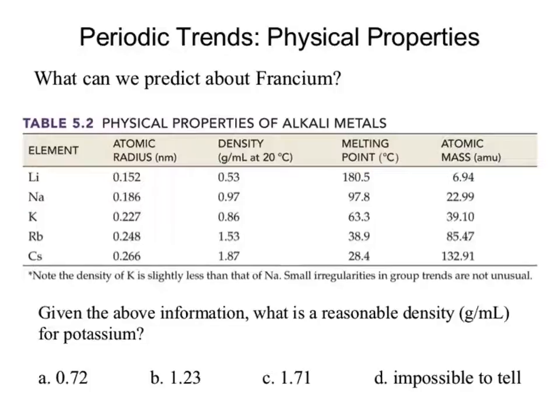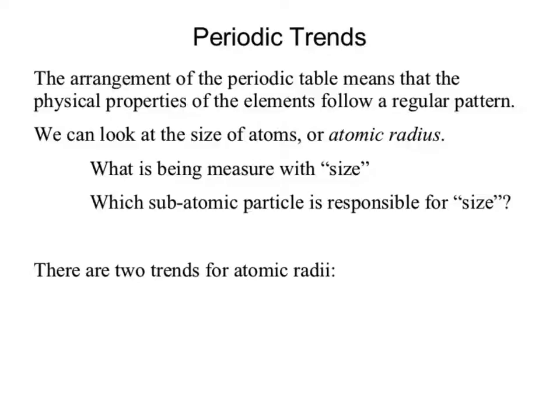Make sense? Okay. So, the trends. There are two trends for atomic radii, and I was told that you know these trends. So, do you have them? Do you have the trends? Yeah? What are they?